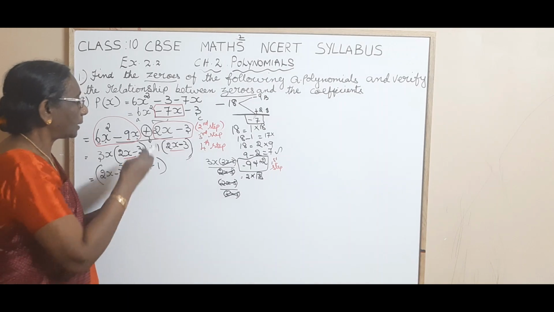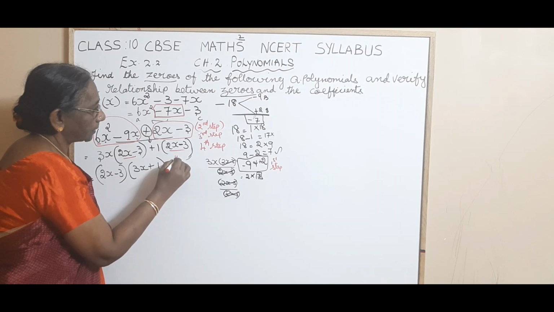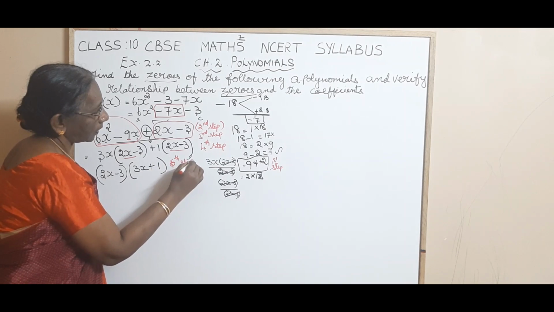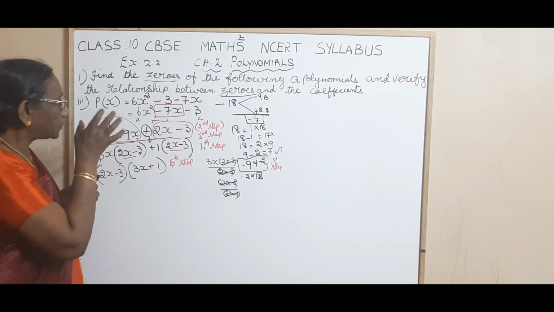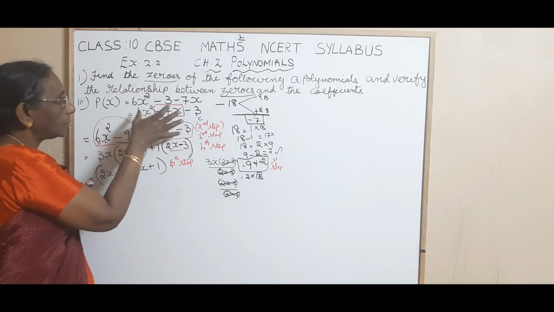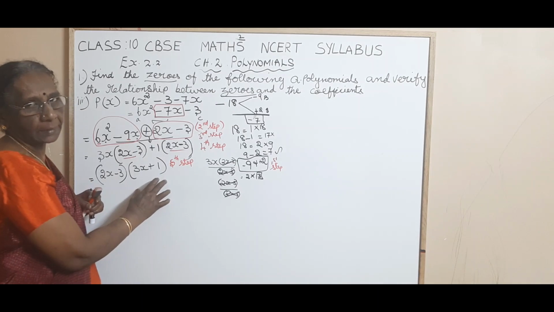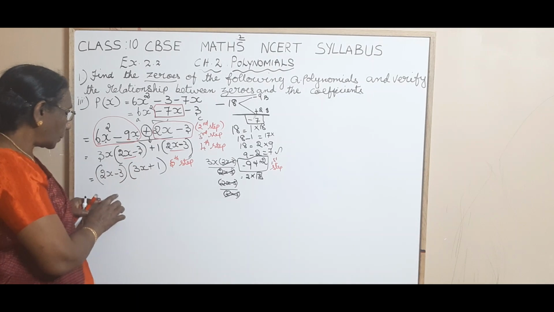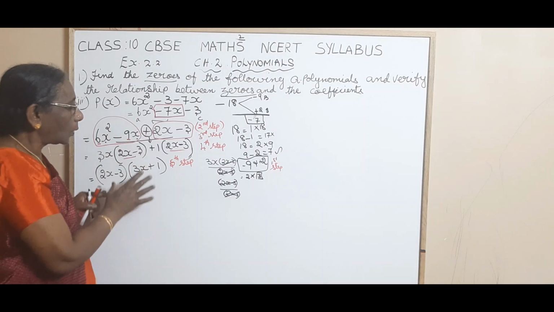This is the 5th step. Is it clear, children? So now we have written this given polynomial as a product of two linear polynomials. Why is it a linear polynomial? Because the degree is 1.